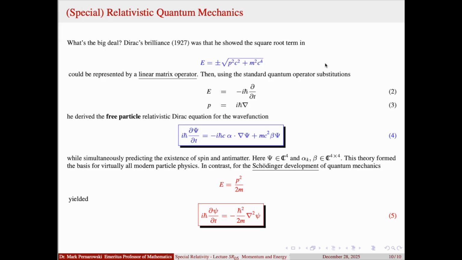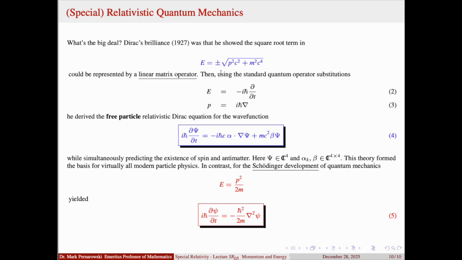And when you try to do that, and you think of these as just being numbers, you can't do that. It's not possible. However, what he realized was that if all of these things became matrices and matrix operators, then that was possible.